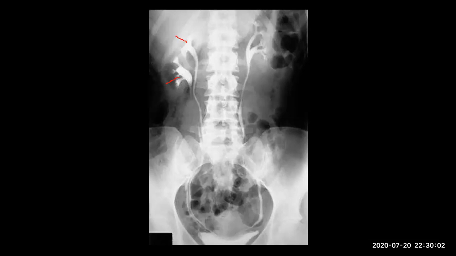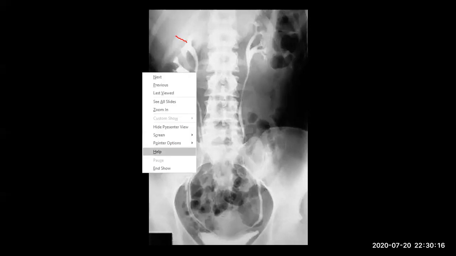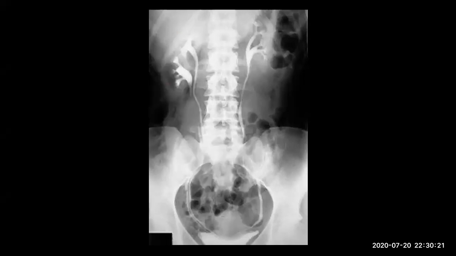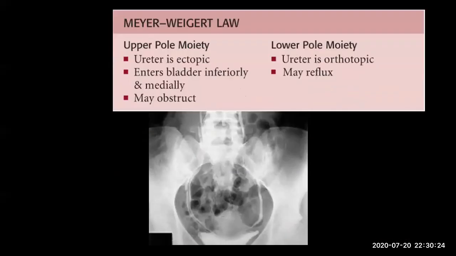The lower moiety is prone to reflux with a normal ureteric orifice position, okay? Lower moiety is orthotopic in position and may reflux. Upper moiety may obstruct, inferior medial and ectopic in location.